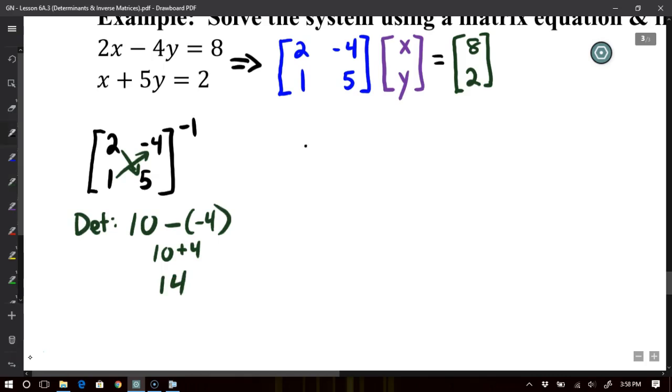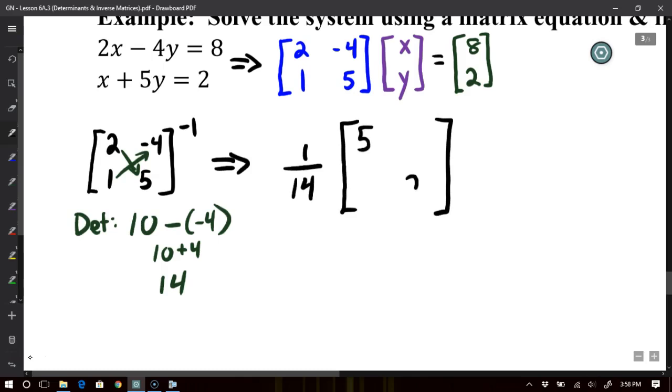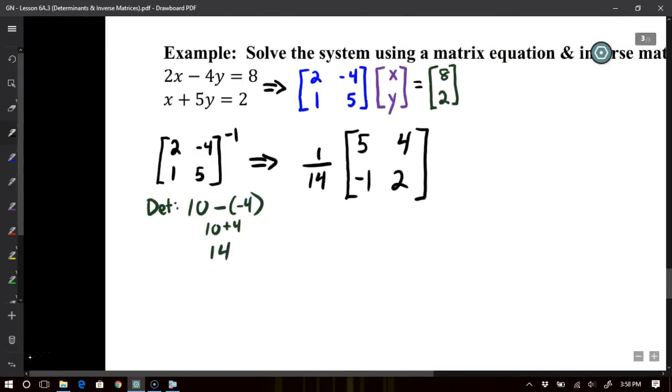And we take 1 over our 14, and we do scalar multiplication in this case, where A and D trade spots, so the 5 is here, the 2 is here. B and C change signs, so now instead of -4, I have +4, and instead of +1, I have -1.